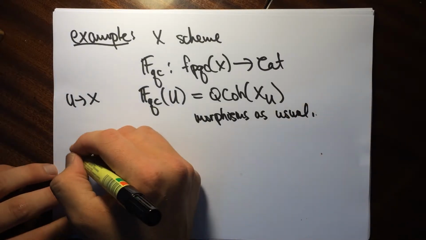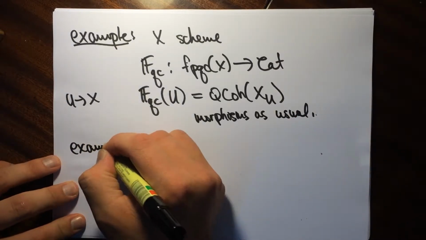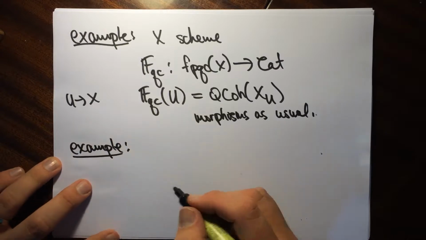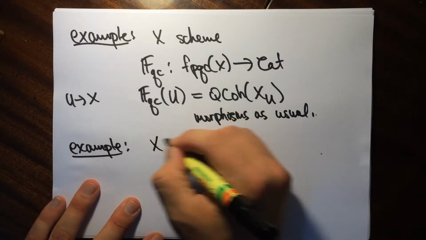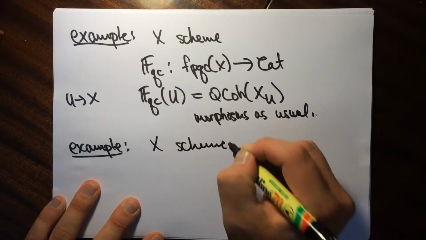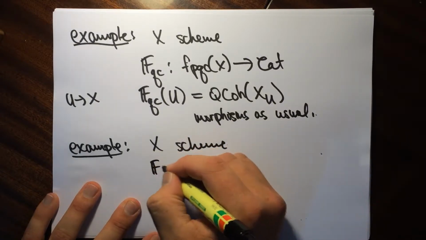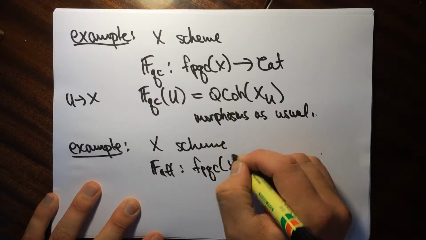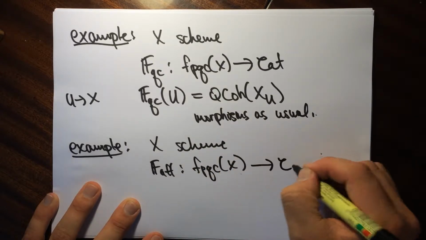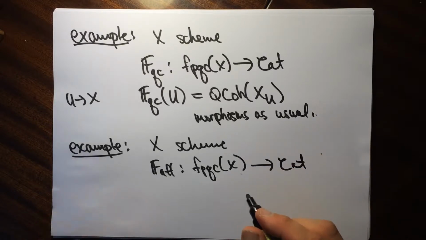Okay, so let me give another example. There's going to kind of be a sub-example here. So X is going to be a scheme again, and I'm going to define FF from the FPQC. It's going to be a fibered functor on the FPQC topology.